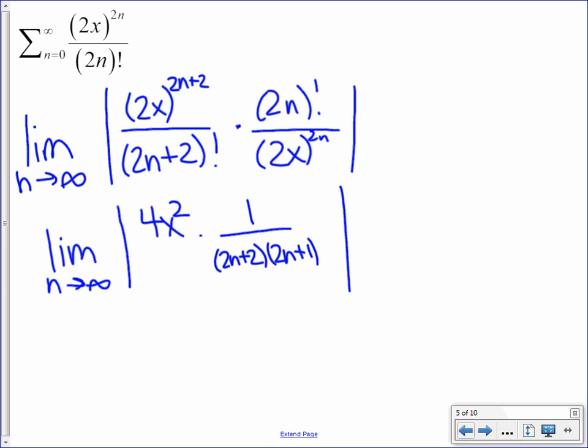So if we imagine the limit as n approaches infinity, what's going to happen here? This is going to go to 0, and what's 0 times 4x squared? 0.